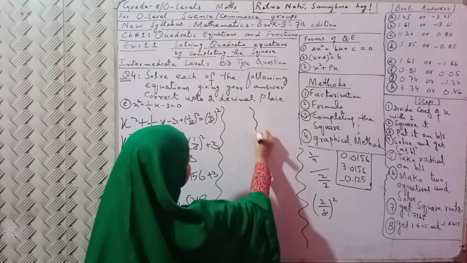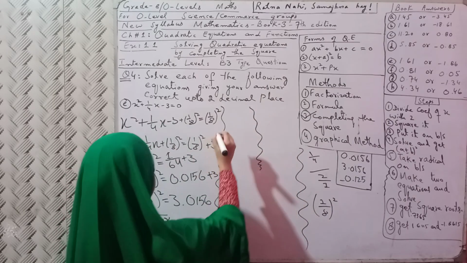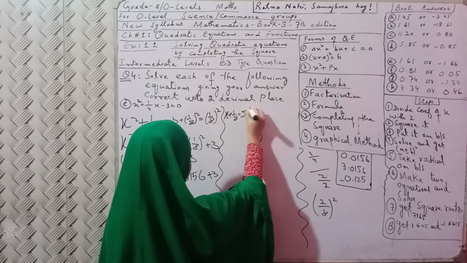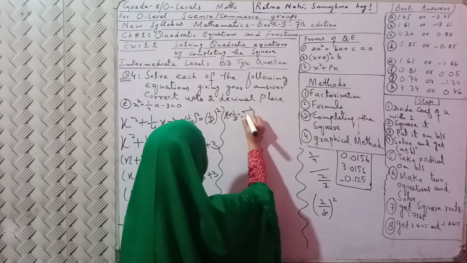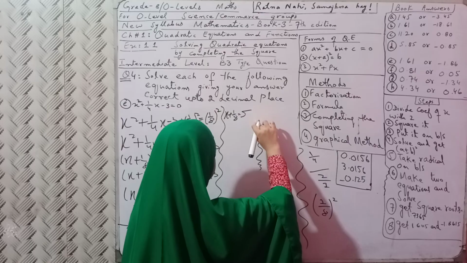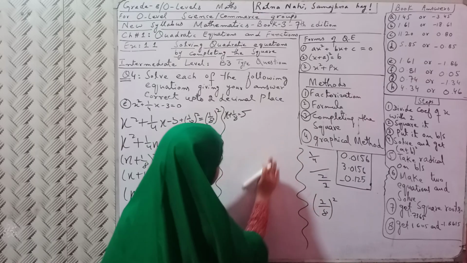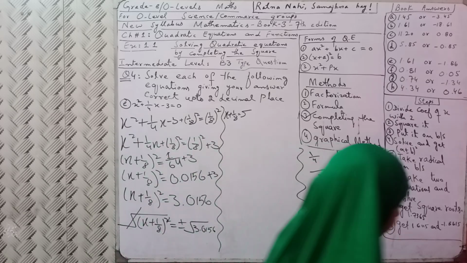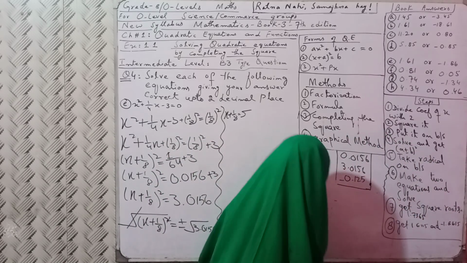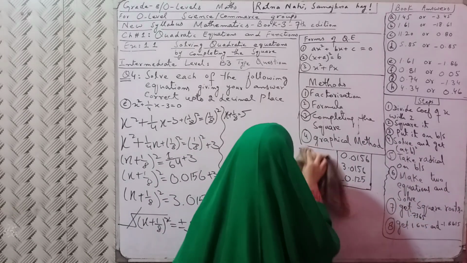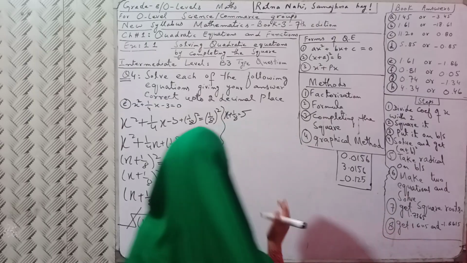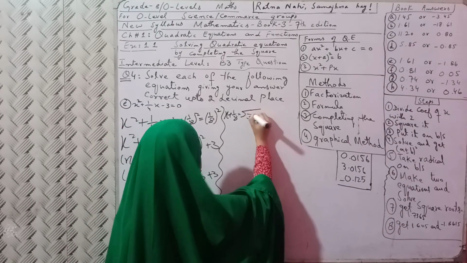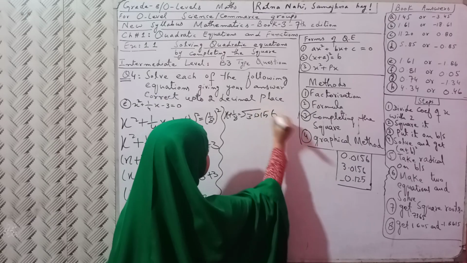So, here will come x plus 1/8 is equal to radical 3.0156.